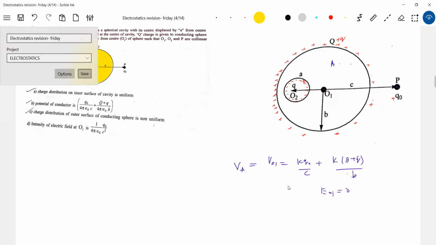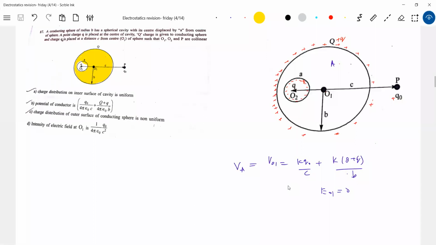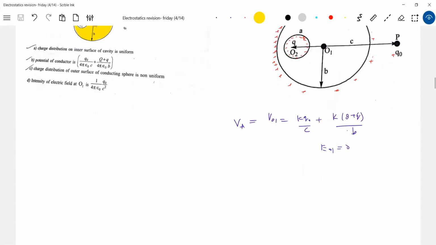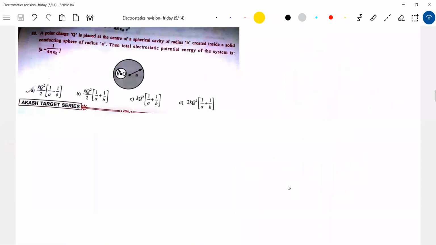You can't just remember it, I think you should better develop the analysis. The net field inside the conductor due to static charges must be zero. All finished. This is a very important concept. Already we have discussed it, now once again I am introducing it.